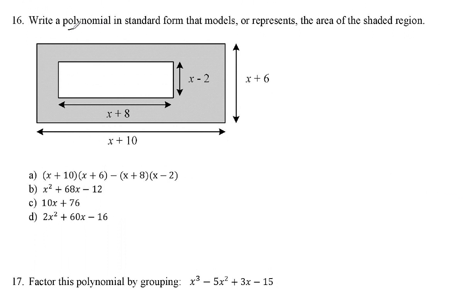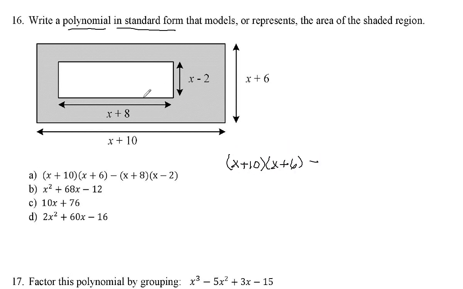Write the polynomial in standard form that models or represents the shaded area. So shaded area out here, so that's going to be the bigger rectangle minus the smaller rectangle. Okay, so this bigger rectangle is x plus 10 by x plus 6. So this will be x plus 10 by x plus 6.